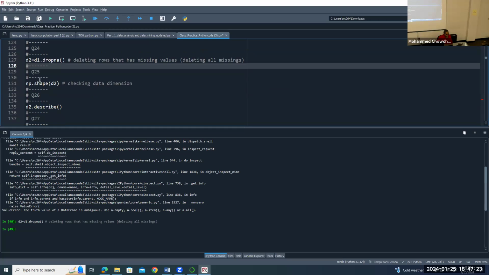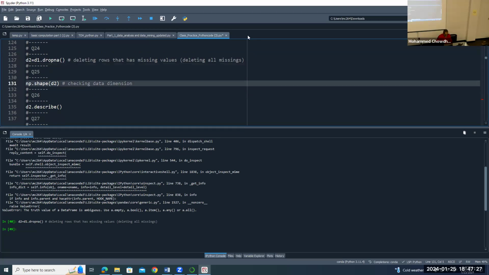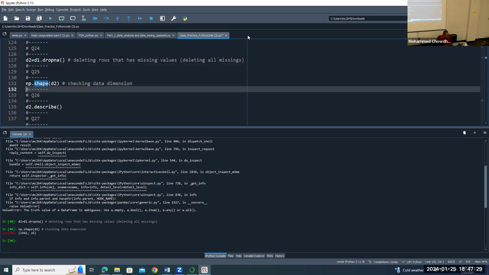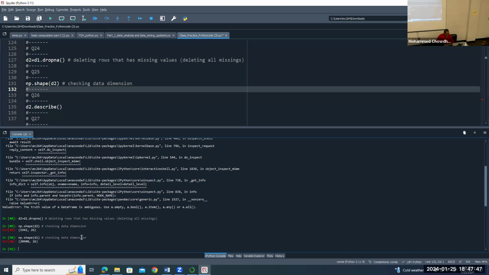Now take a look at the shape of the data. 1942 rows and 26 columns. So after deleting the missing values, we got this. Without deleting missing values, what do we get? It was 20,900 rows.